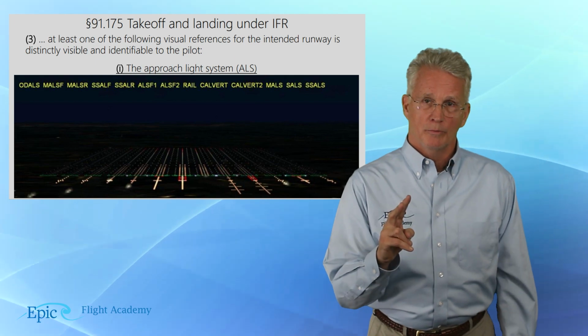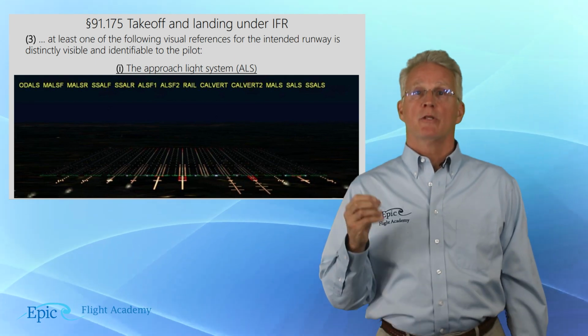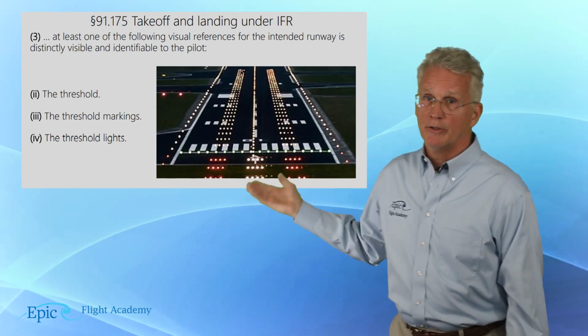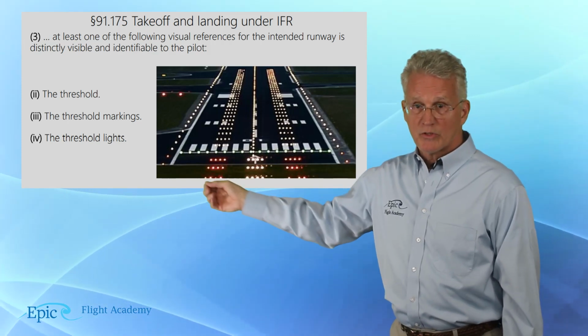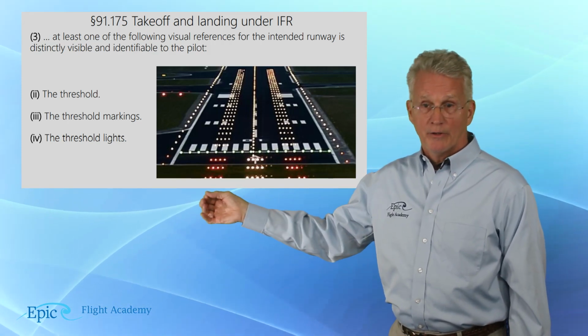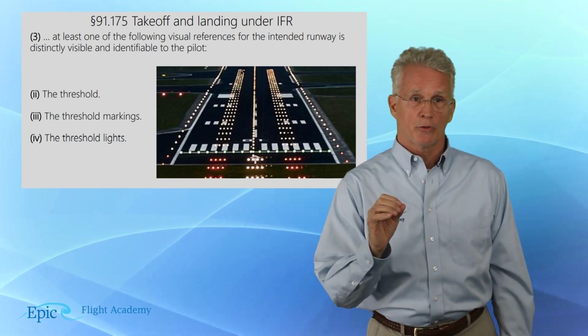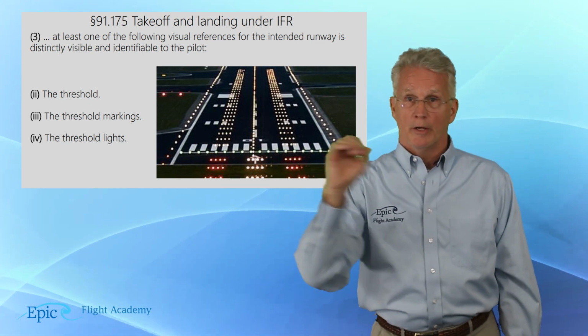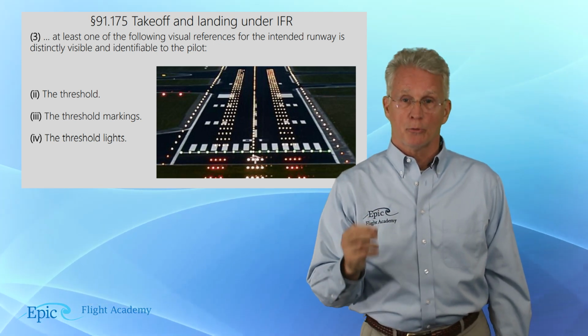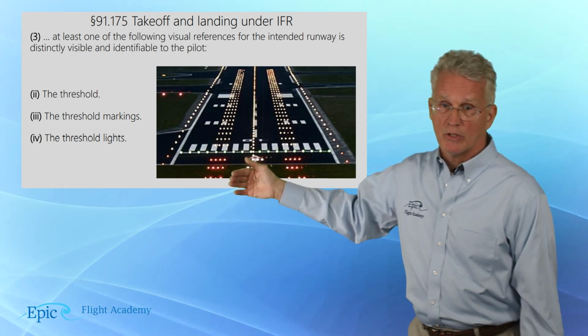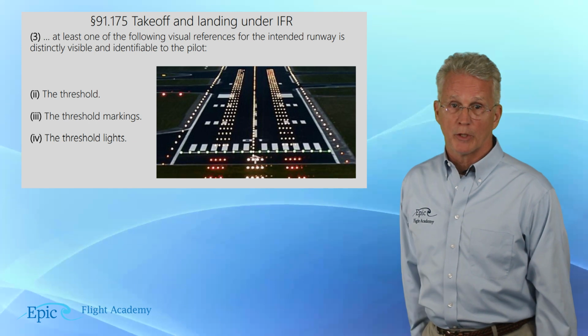Number two, if you can see the threshold. And here in the picture of this runway, you can see the white line underneath of those green lights. That is the threshold. Or number three, the threshold markings, and you can see those white bars here. Those are the threshold markings.